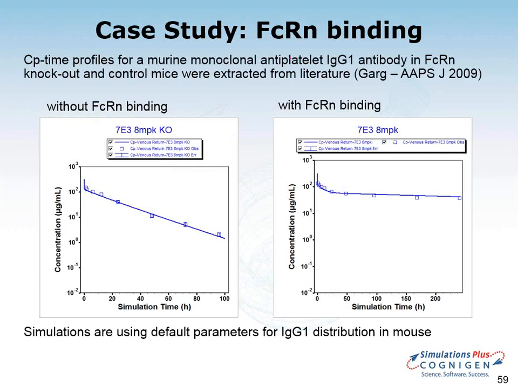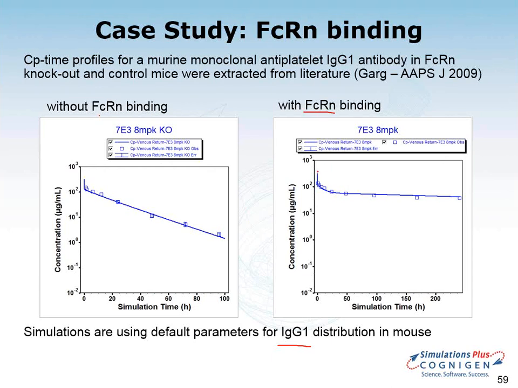Some of the case studies. This one is showing the effects of FcRn binding, utilizing just the default parameters that we ended up with for IgG. This was for the distribution in mouse, showing the effect of FcRn binding on the antibody systemic circulation.